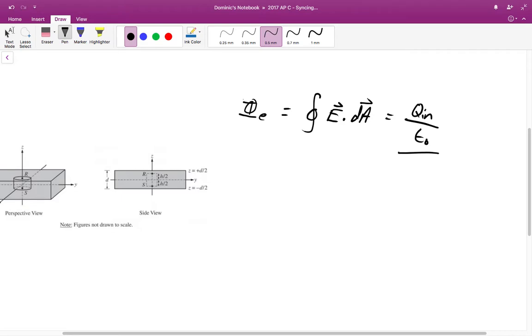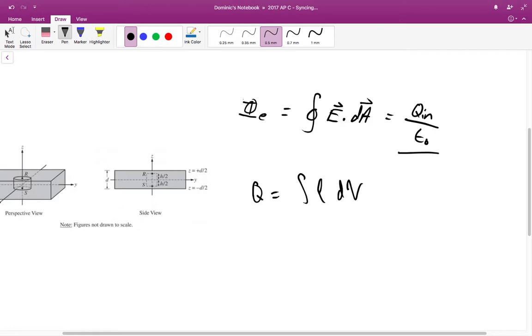To figure out the amount of charge enclosed in here, notice that the Gaussian surface drawn does not contain all of the charge, so we can't say that Q inside is just positive Q. It must be just a portion of it. If you recall, to figure out the charge, if we know rho, you would take a volume integral of rho.